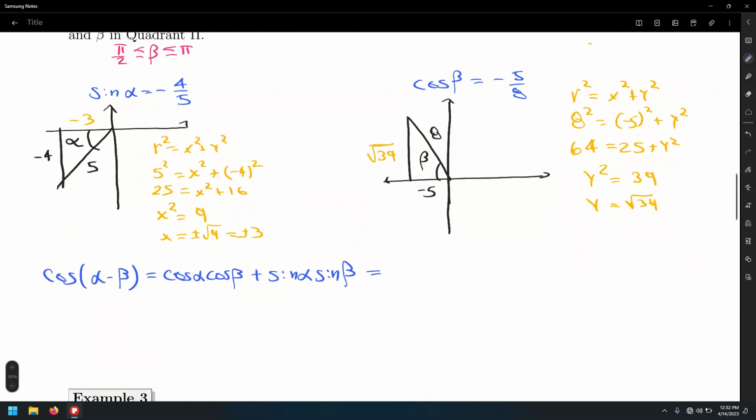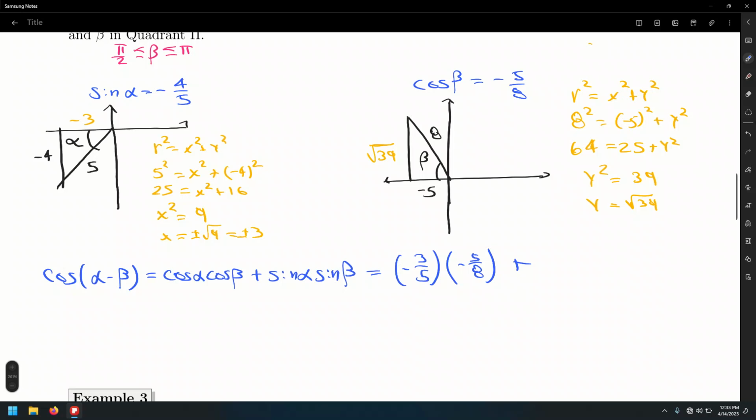We are going to get these trigonometric functions based on our triangles. Cosine of alpha, we're going to go with the alpha triangle. Cosine, which is adjacent over hypotenuse, that is -3/5. Cosine of beta is actually given. That's -5/8.